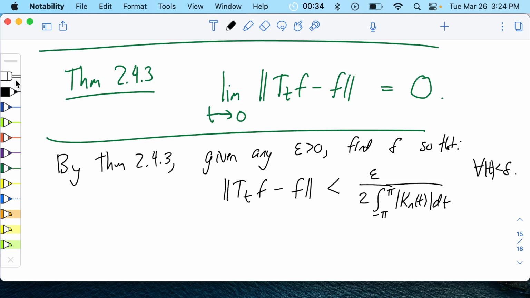And actually, let me squeeze a little thing in to make this super clear: epsilon over 2m, which is less than this.